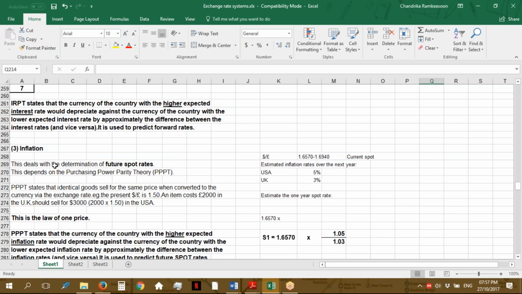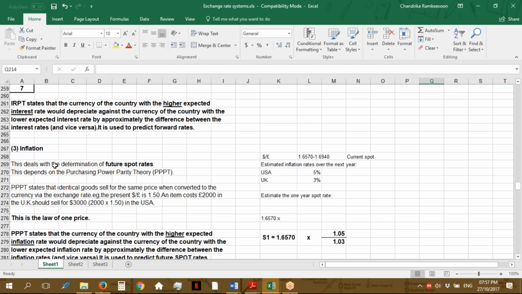Now, I'll tell you something. With a floating rate currency and with a floating exchange rate, it is simply not possible to accurately predict the 1 year spot rate. I mean, that would be like asking you, for example, what would our TT rate against the dollar be in a year's time?